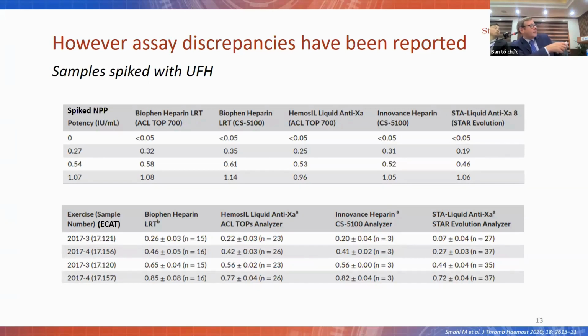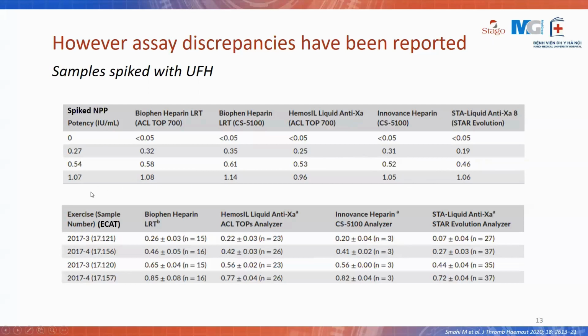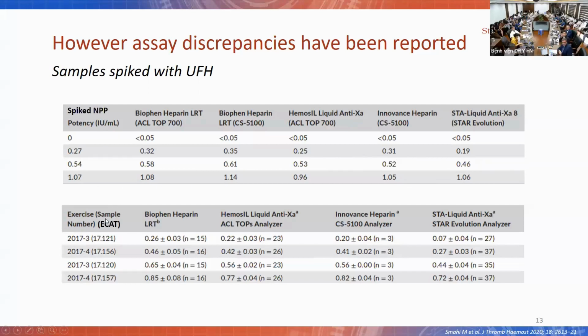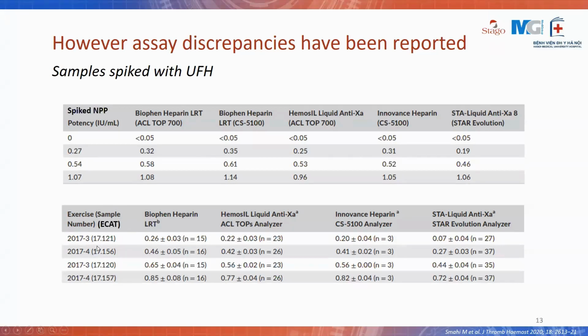But in fact, as you can see on this slide, this is a study where you have different reagents, and on the first line you have the results with normal pool plasma spiked with various amounts of heparin. You can see that the results may be different across the different assays. And the same applies with a different exercise, which is depicted here.